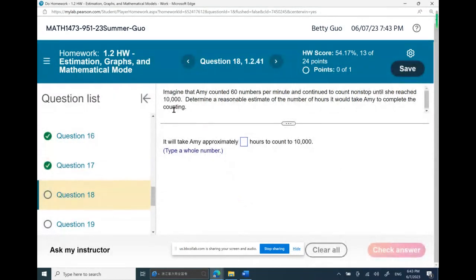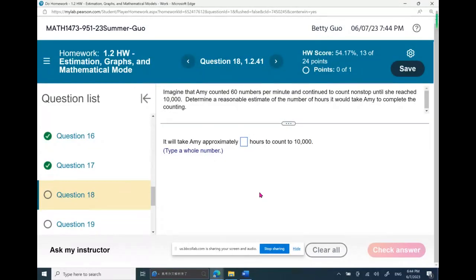Number 18. Imagine that Amy counted 60 numbers per minute and continued to count non-stop until she reached 10,000. Determine a reasonable estimate of the number of hours it would take Amy to complete the counting. So how many hours? Let's see how many minutes first. 60 minutes an hour.